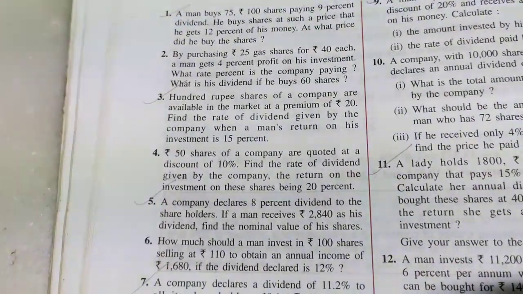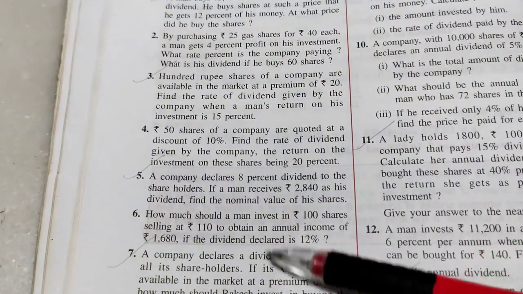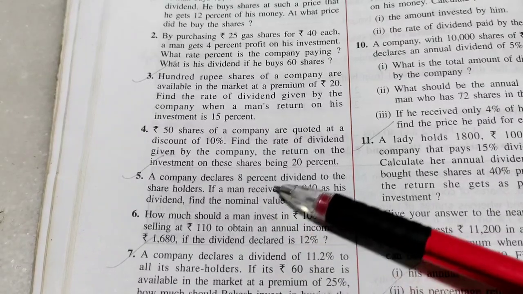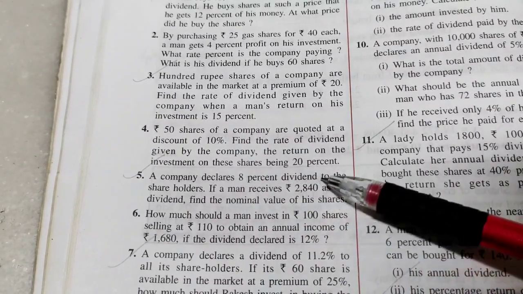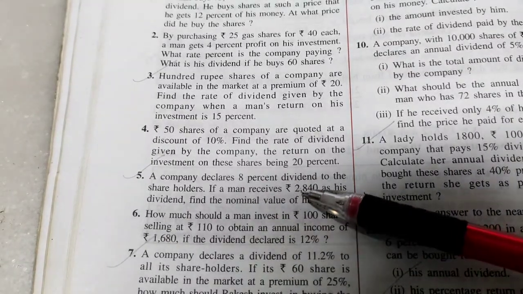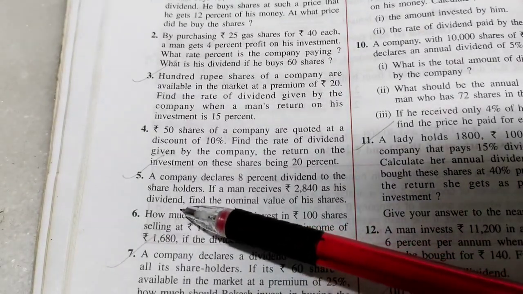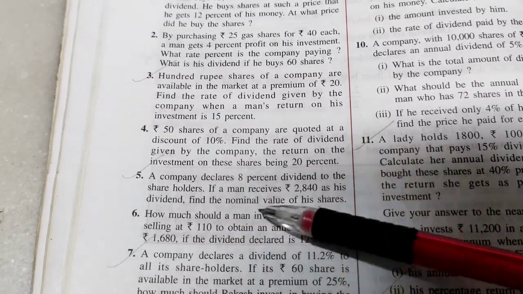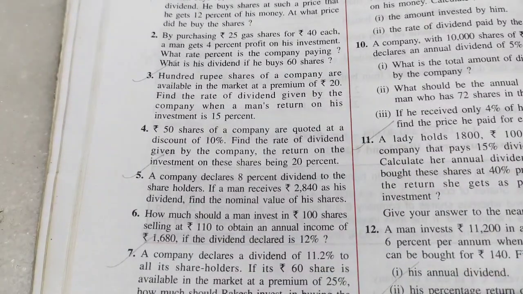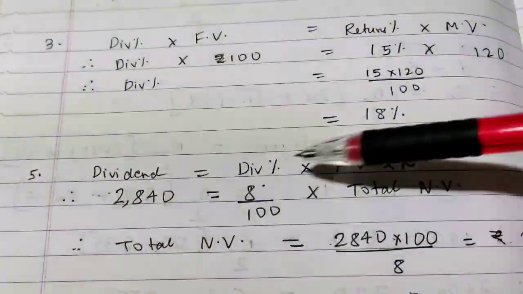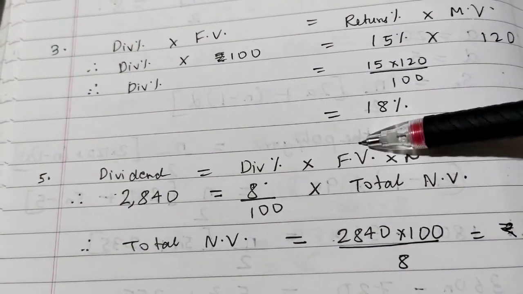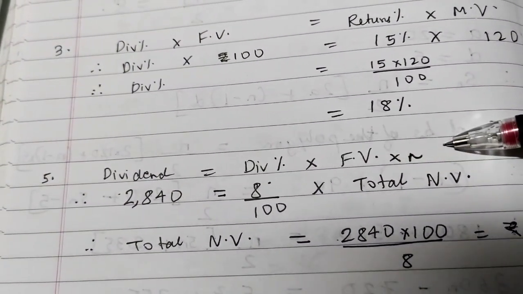Next, fifth one. A company declares 8% dividend, that's dividend percent, to the shareholders. If a man receives rupees 2,840 as his dividend, means total dividend or income from dividend, find the nominal value, means face value. The formula is dividend is equal to dividend percent into face value into number of shares.